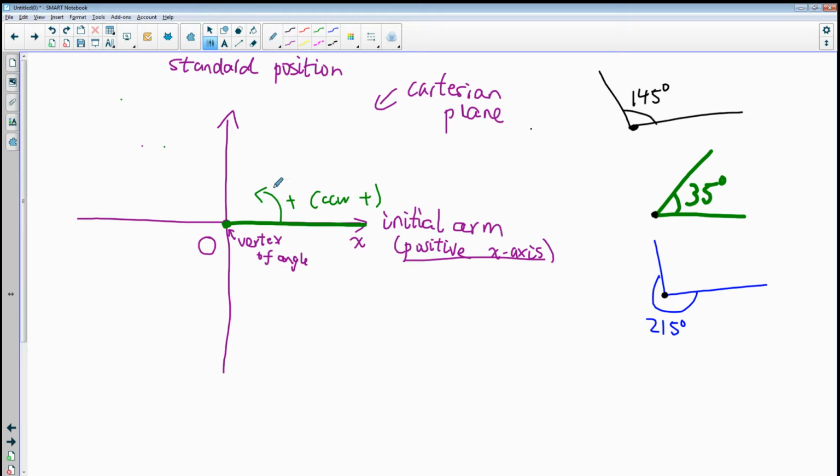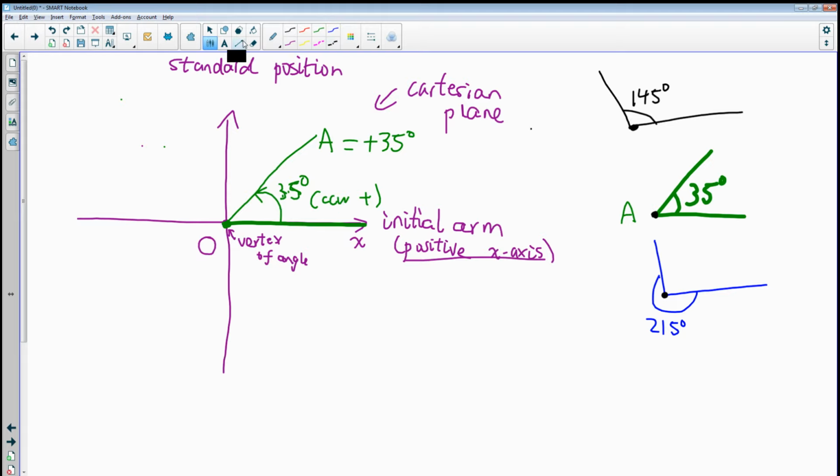Okay, so if we move the other arm counterclockwise by 35 degrees, then this is 35 degrees in standard position. Okay, let's call it A. This is A in standard position. A is equal to positive 35 degrees. Okay, so counterclockwise is positive.